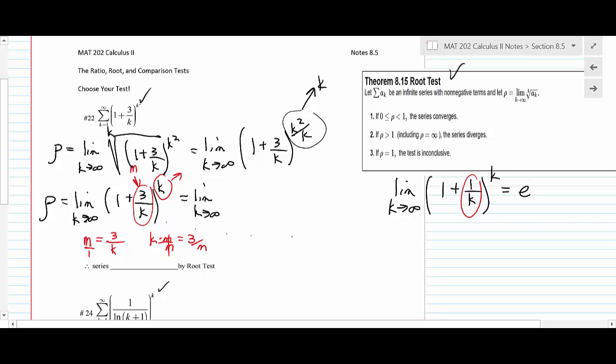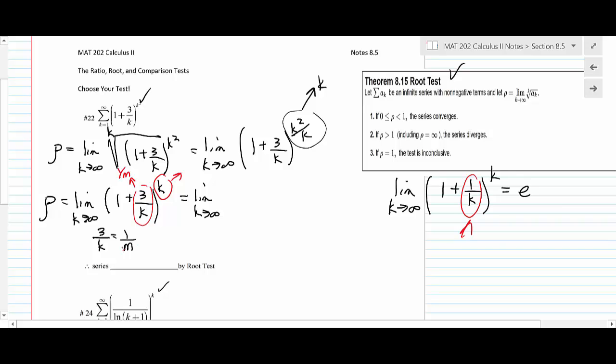I want this thing right here to become this, so I'm going to let 3 over k be 1 over m, because I want it to look like this. I just want to show you how you could get the specific value of that. So 3 over k is going to get changed to 1 over m, like that. You guys see what I'm trying to do?